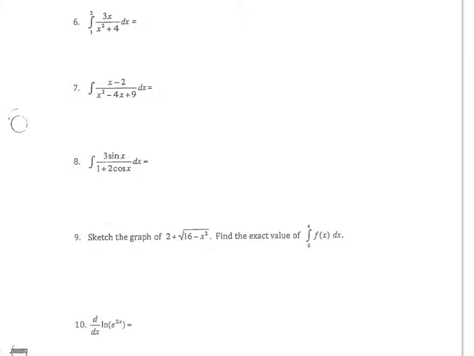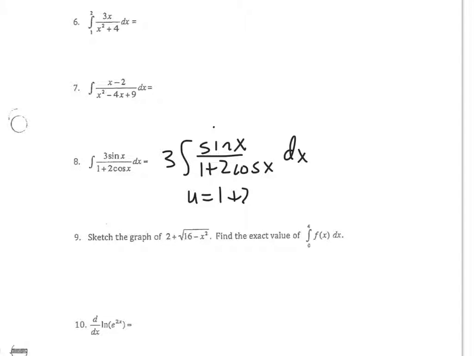3 sine x over 1 plus 2 cosine x. Again, that 3, that coefficient, it's easier for me, I'm just going to move that out in front so it doesn't distract me. I'm going to let my u be the bottom part again, 1 plus 2 cosine x. Your du, therefore, is minus 2 sine x dx.